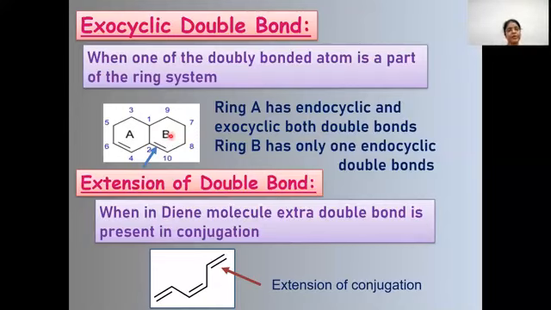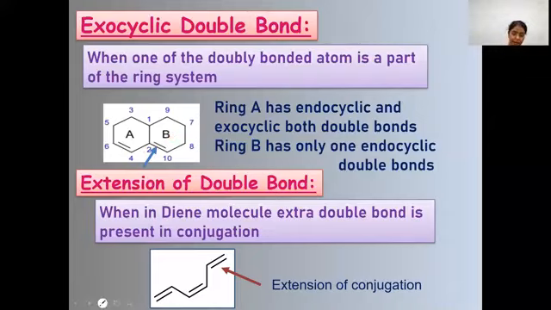Extension of double bond. Since we are discussing the rules for dienes, when in diene molecule any extra double bond is present in the conjugation, conjugation means alternate double bonds. So when in the diene molecules any extra double bond is present in the conjugation, this is considered as extension of double bond or extension of conjugation.